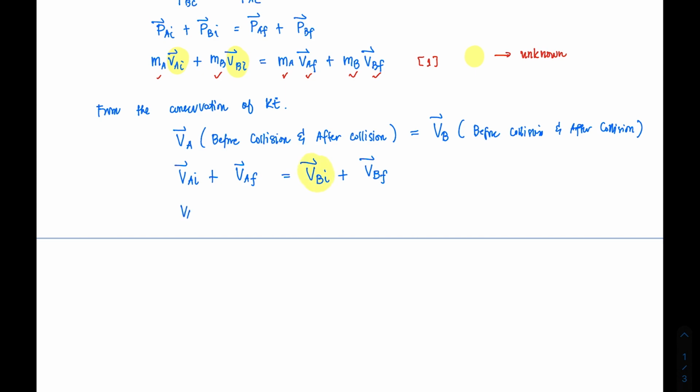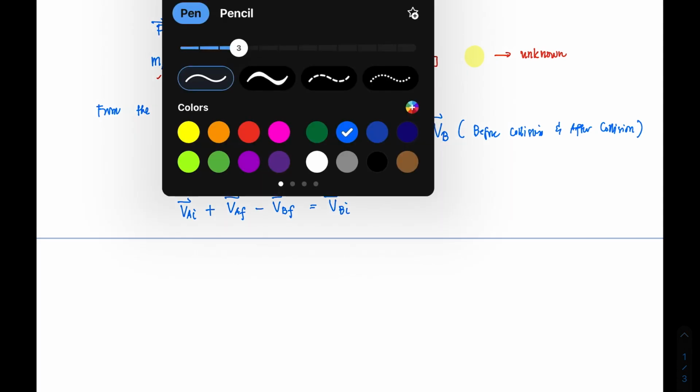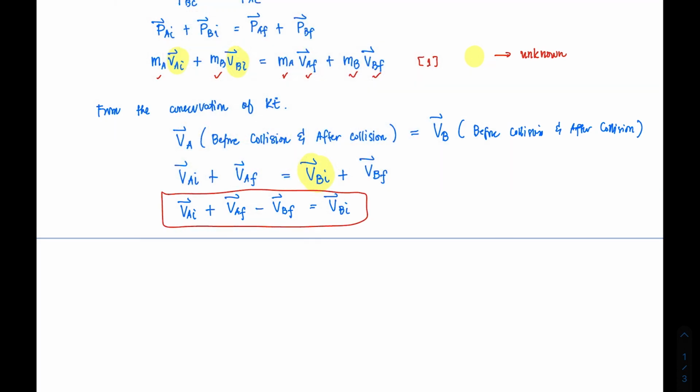So that means to say I have VAI plus my VAF. Since VBF, this term will be transposed to the other side, it will have a negative sign, minus VBF is equal to VBI. So this one over here is my second equation. We'll name this equation 2.